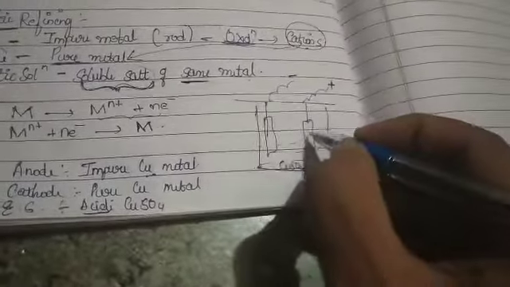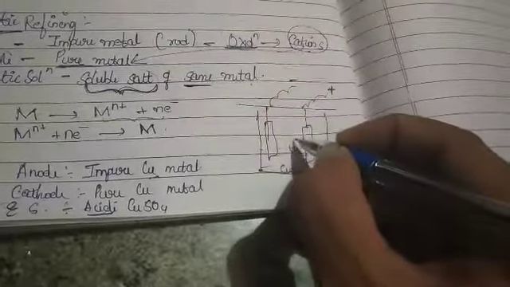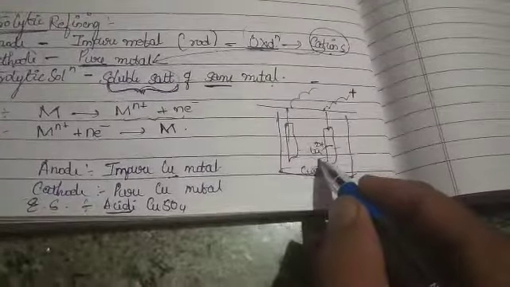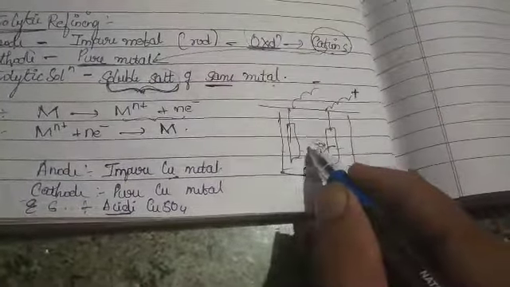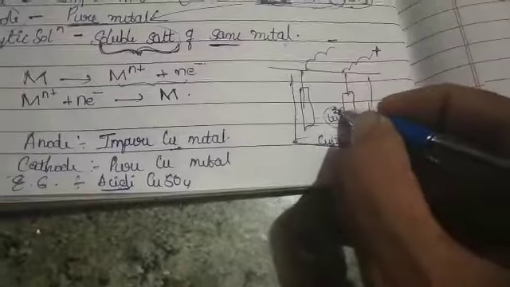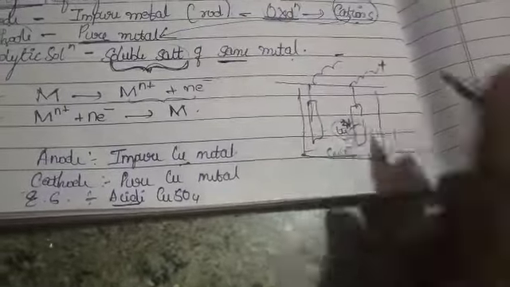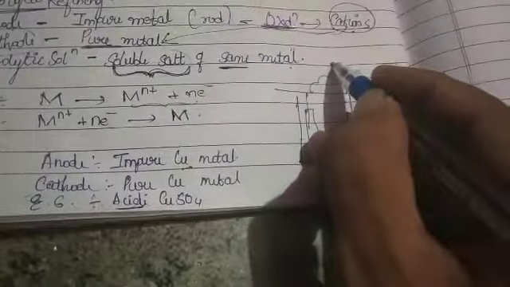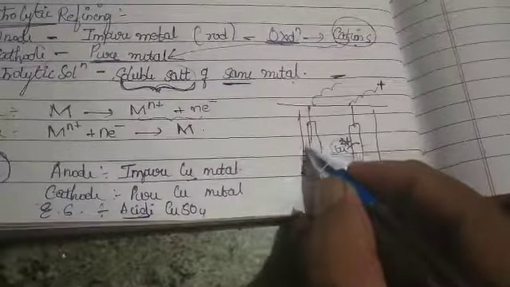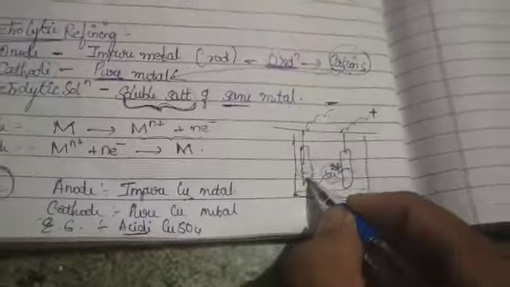So here Cu2+ is coming out. Since it now has a positive charge, Cu2+ has to be neutralized. So where does it go now? To the cathode. In the cathode we have the pure metal, so this Cu2+ will go to your cathode.